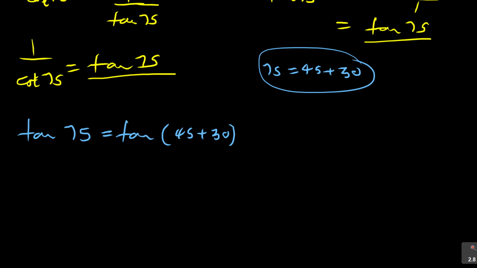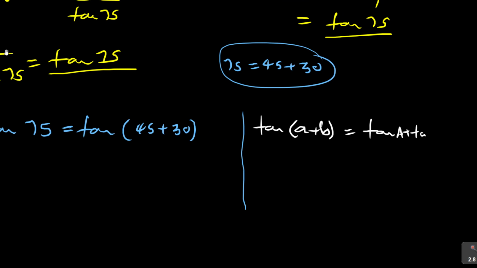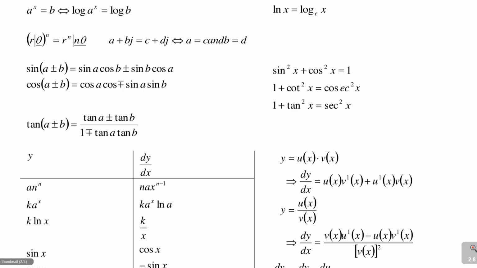So look at this. tan of a plus b is equal to tan a plus tan b over 1 minus tan a tan b. Let's just verify that again.